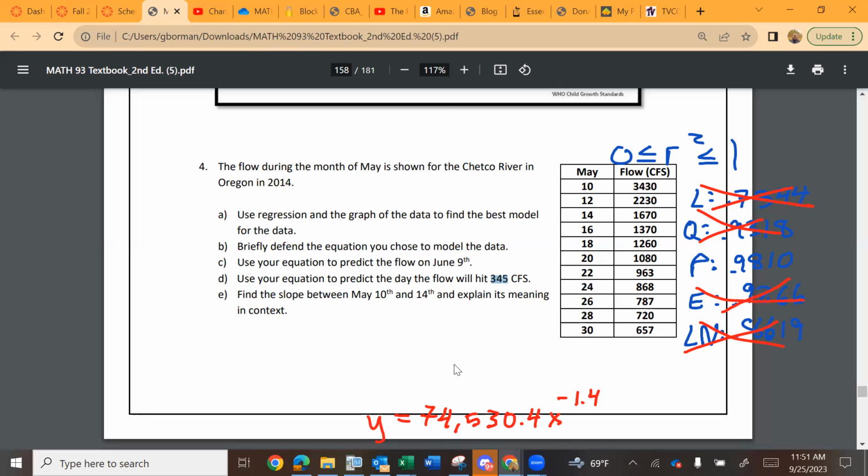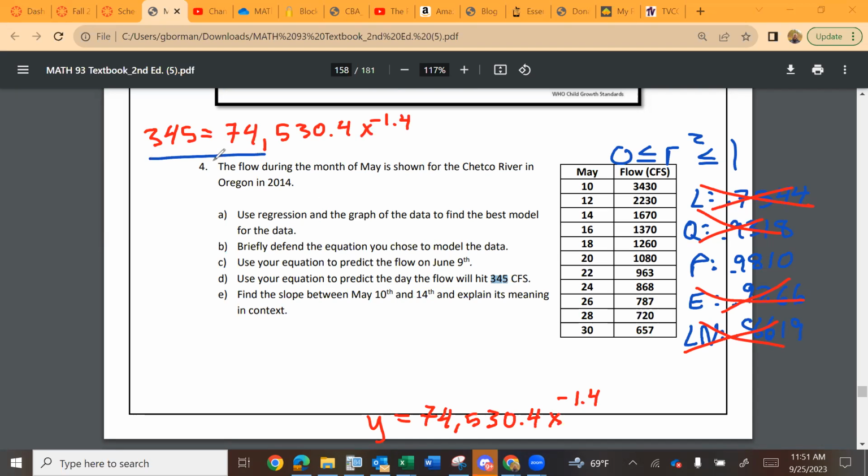So I'm going to say, all right, 345, that's my y value, equals 74,530.4 times x to the negative 1.4. Okay, you remember what to do? Oh, good, I'm glad.